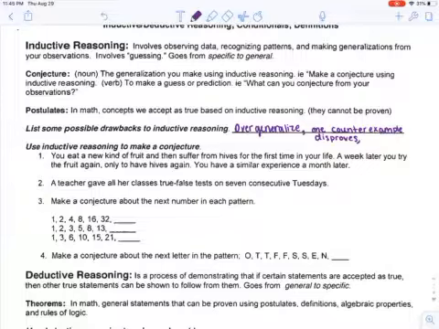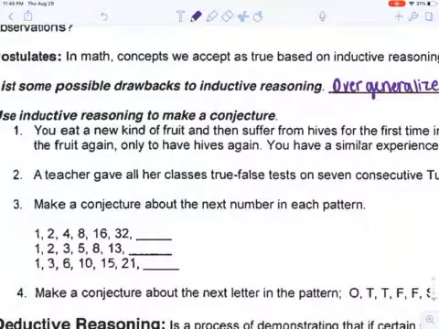So we need to make a conjecture. You eat a new kind of fruit and then suffer from hives for the first time in your life. A week later, you try the fruit again, only to have hives again. You have a similar experience a month later. So we can conclude that I am allergic to that fruit.